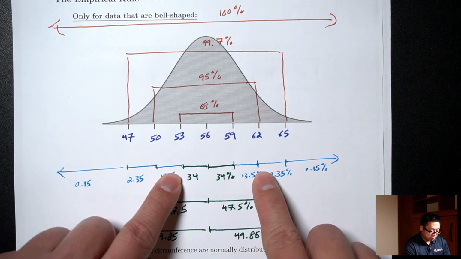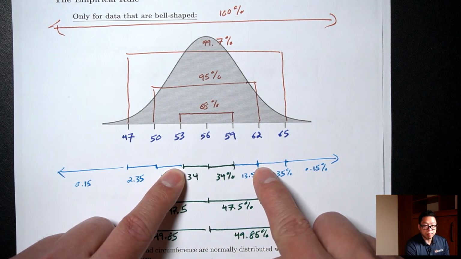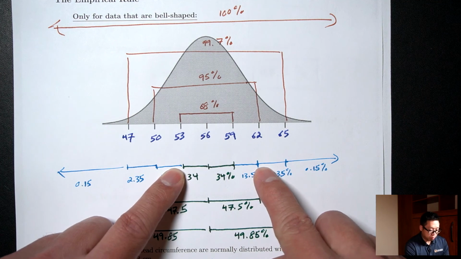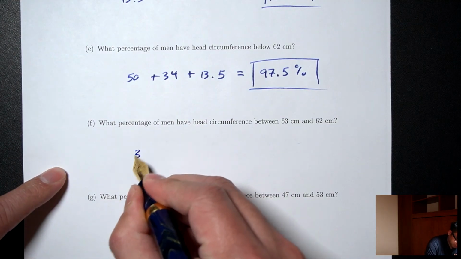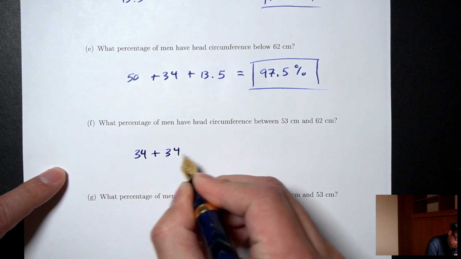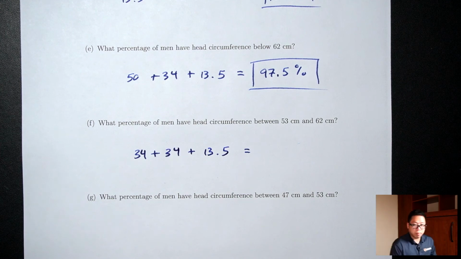I'm just going to add up 34, 34, 13.5. Percent.